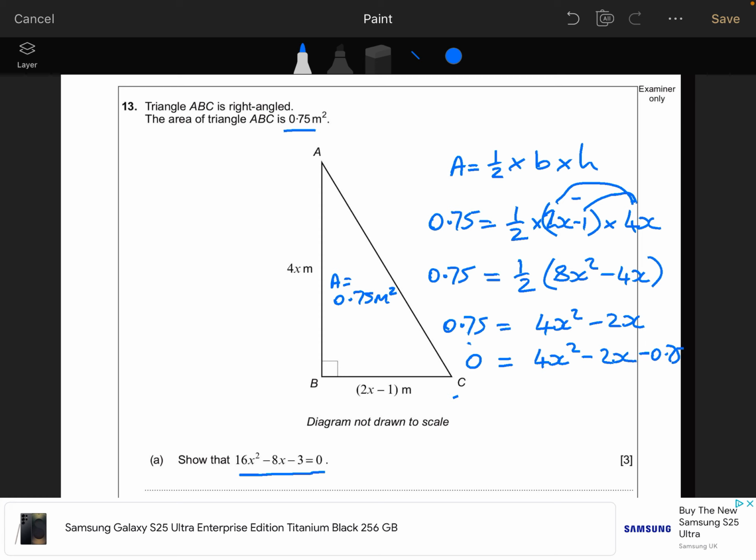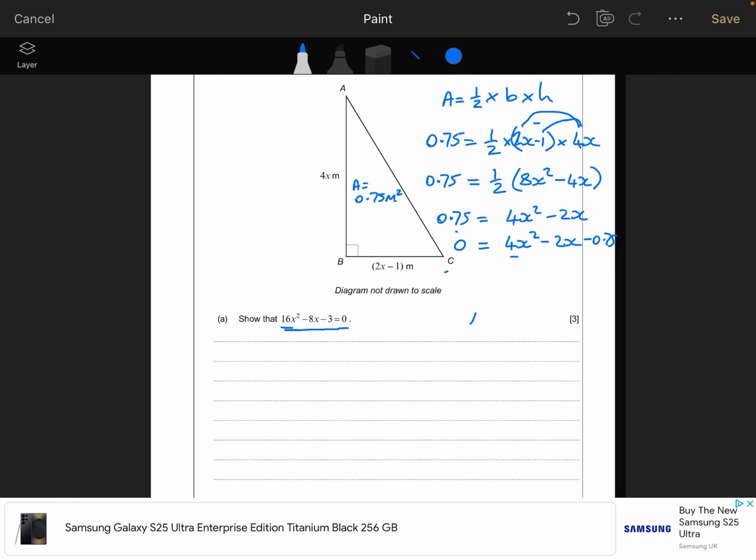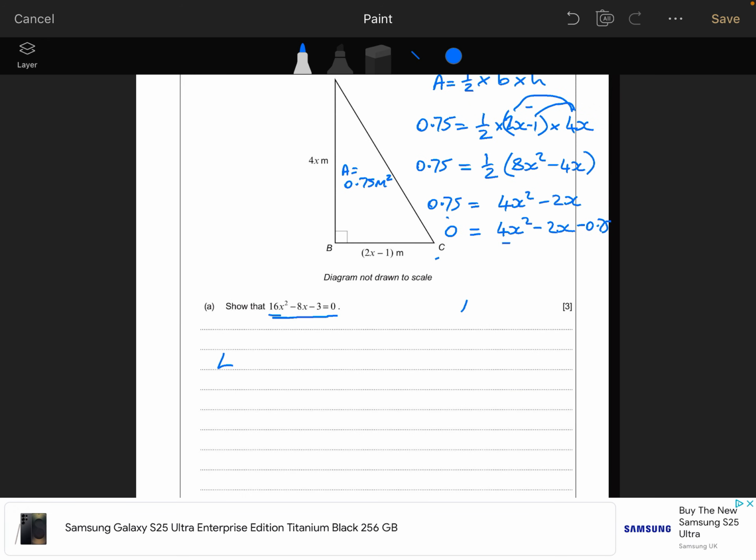But it wants these numbers to be 16. So to make that 4x squared, let's go down the bottom now and rewrite that a little bit neater. So we've got 4x squared minus 2x minus 0.75 is equal to 0. I've now got it the same way round as here. But that's 16 there, and we've got 4 here.